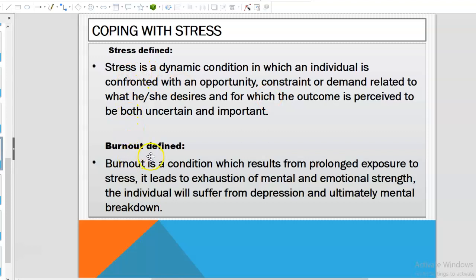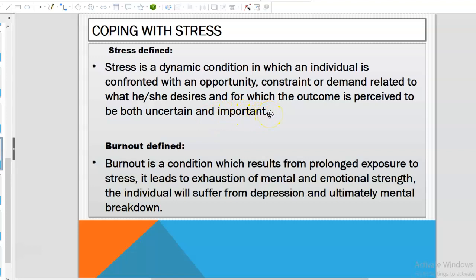stress and burnout. So the definition of stress says it is a dynamic condition, meaning it changes, in which an individual is confronted with an opportunity, constraint, or demand related to what he or she desires, and for which the outcome or the result is perceived to be both uncertain and important.